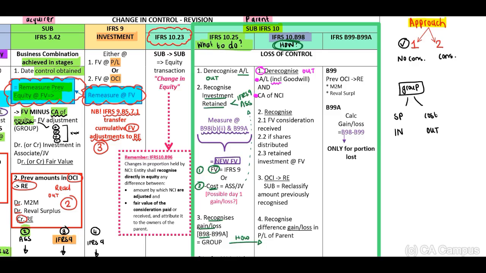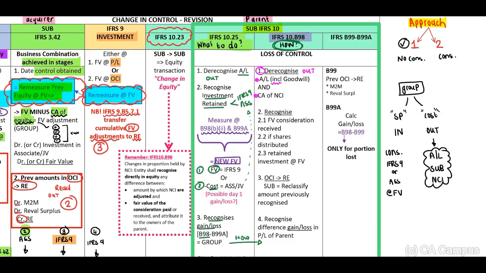Now if we look at this, we need to take out the assets, liabilities, the portion relating to that subsidiary, and it includes your NCI in your group as well. And we need to bring in the proceeds received, the consideration. We need to bring in the portion that the entity still has, which can be the IFRS 9 investment or the associate, which should be at fair value.